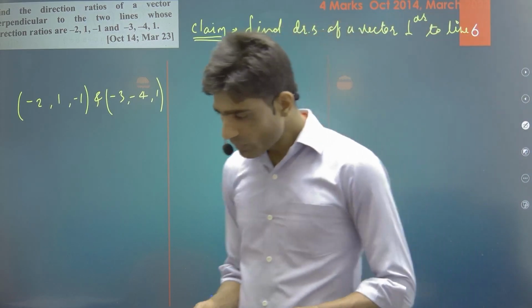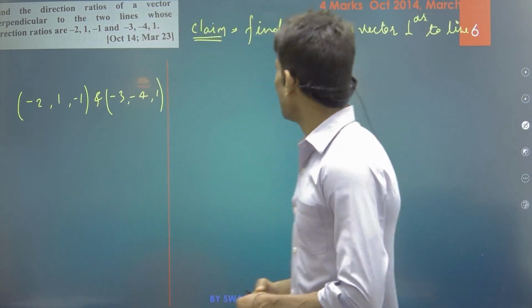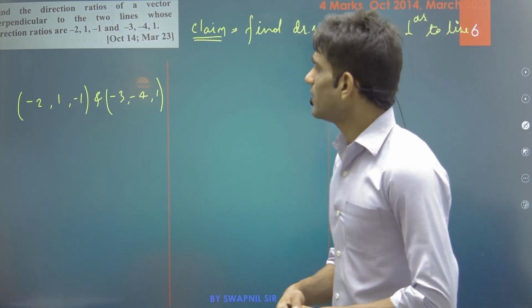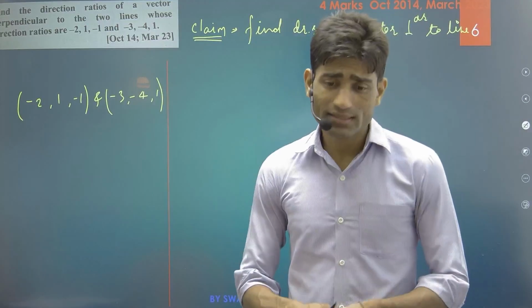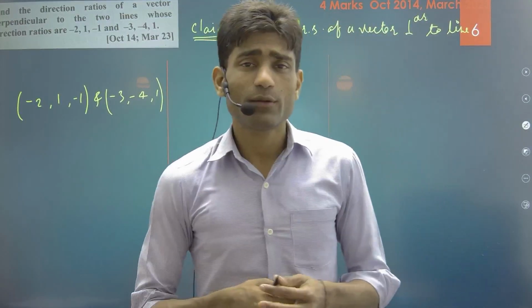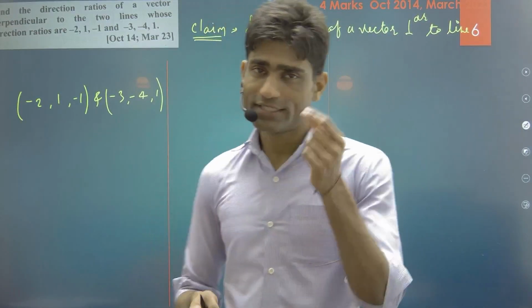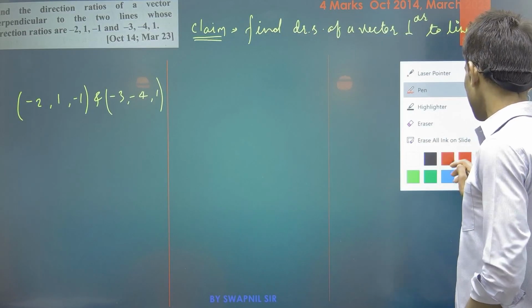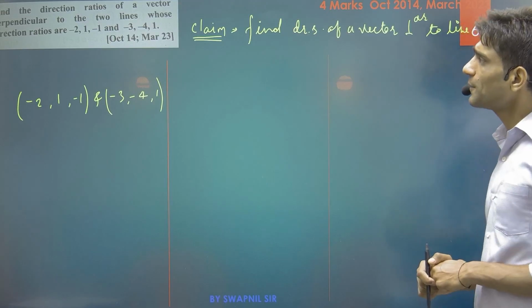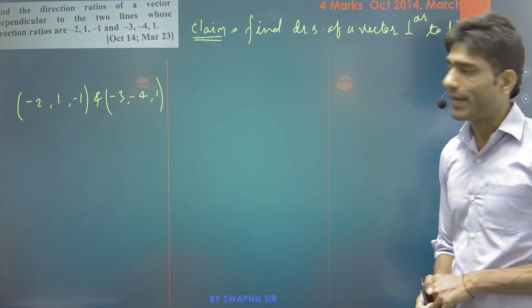When we have to find the direction ratios for our perpendicular line, we have to use another important theorem from vectors. So let's define this theorem first. We will see which is the most suitable theorem for finding the direction ratios for our perpendicular line.